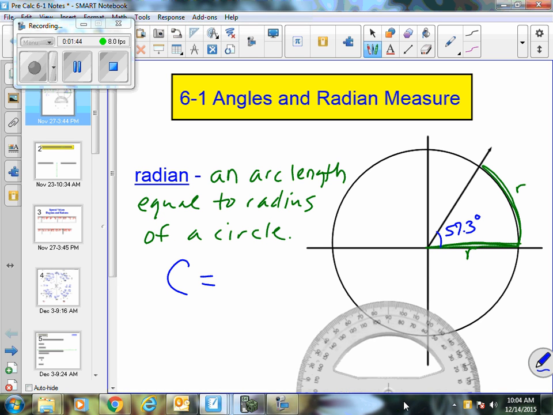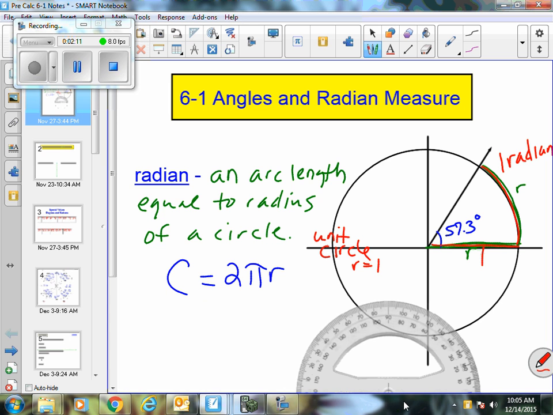Now let's go and talk a little bit about circumference here for a second. So the formula for circumference back from geometry is 2 times pi times the radius. Now what we're doing is something called a unit circle. In a unit circle, our radius is just one unit. That's what we were talking about before. So our distance along here, our 1 radian, would be equal to that length of that circle. So our 1 radius this way is equal to 1 radian that way.